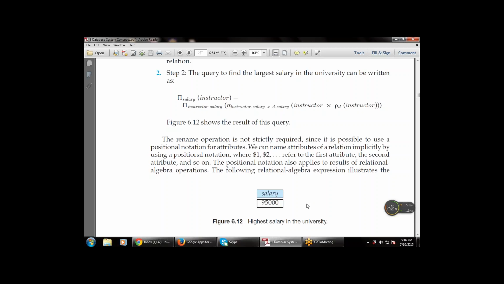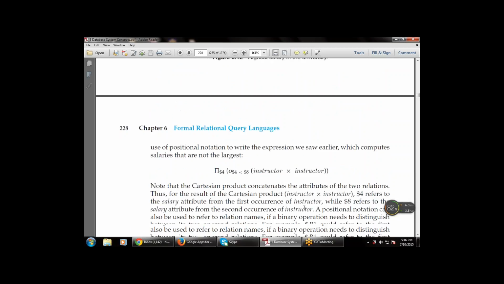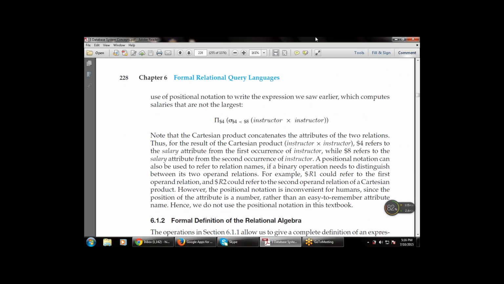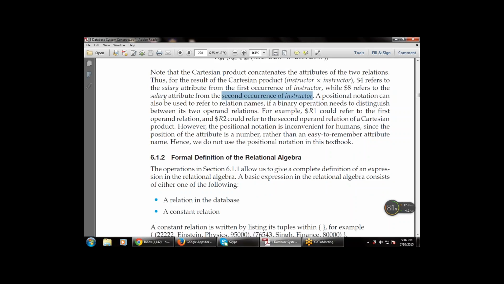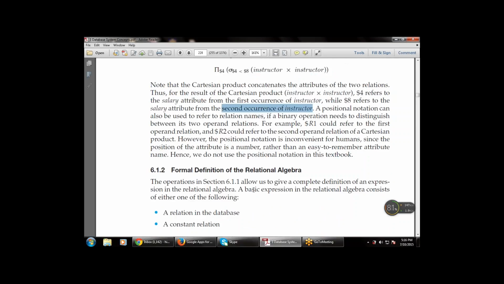If I use $4, that is the fourth attribute, the salary attribute from the first occurrence, it is compared with $8, the eighth attribute, which is the salary from the second occurrence of instructor. Now that is how to rename, and that is also over.